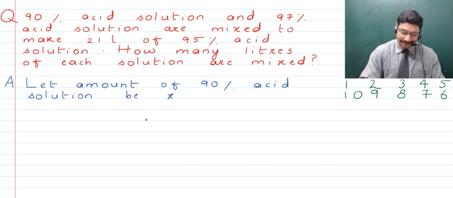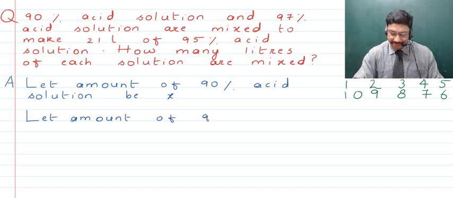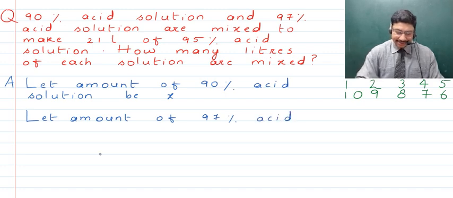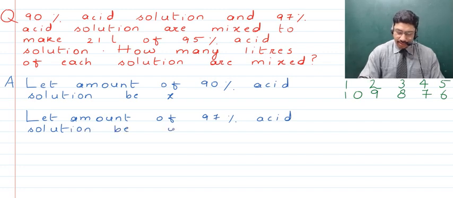So let the amount of 90% acid solution be x. The second assumption: let the amount of 97% acid solution be y.